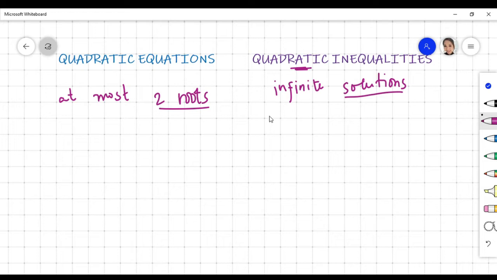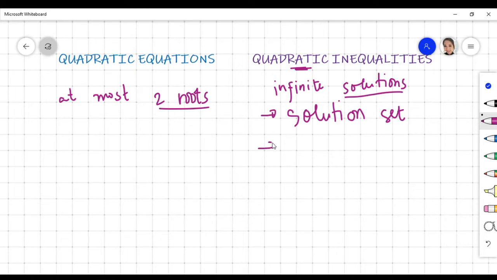That's why we will write their solution in a solution set. But in solving quadratic inequalities, we will make use of the concept of quadratic equation.